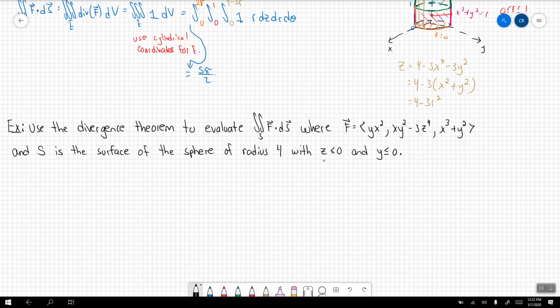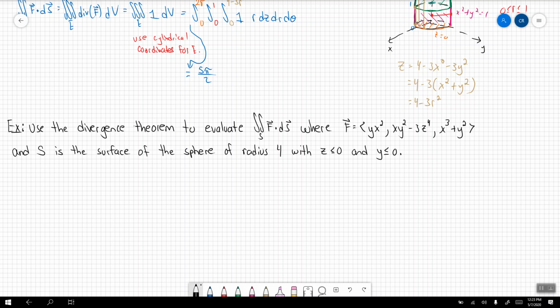Now, this is going to be very, very important here, because when we're talking about a sphere of radius 4, we're going to be looking at the sphere, but then we're going to add these specific restrictions to it. Z values will be less than or equal to 0, meaning it's going to be below the x and y plane, and then y values are going to be less than or equal to 0, which means it's going to be below the x and z plane as well.